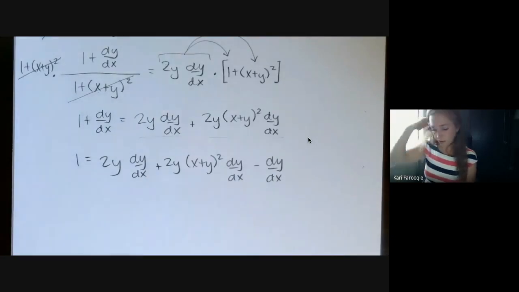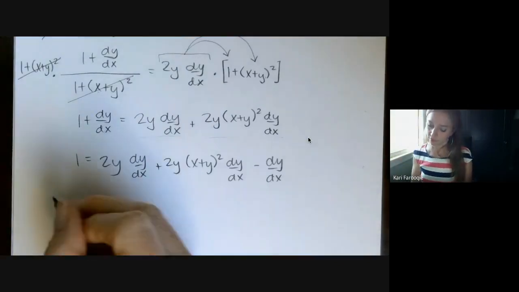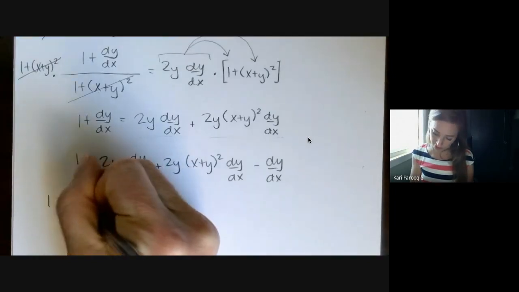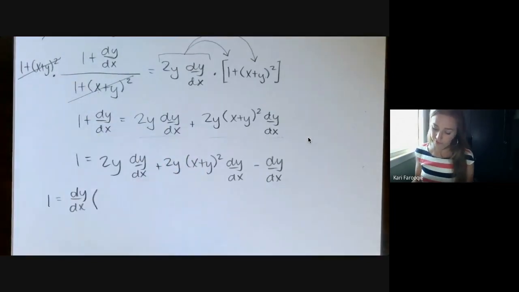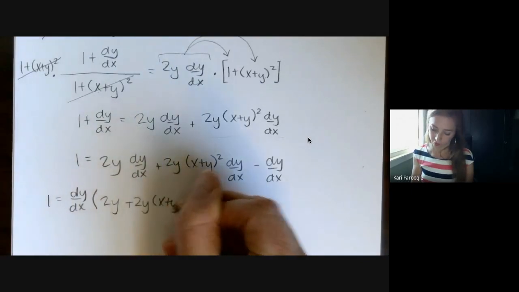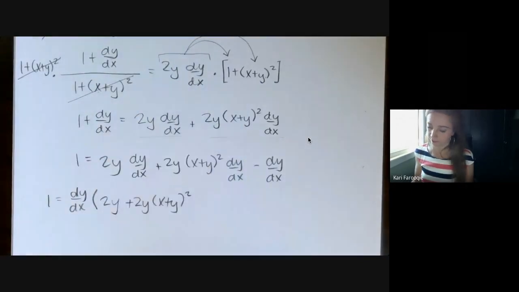Now you can go ahead and factor out the dy/dx and solve for it. I still have 1 on the left. On the right, I'm going to take that dy/dx and factor it out. And what I have left on the inside of my parentheses is 2y plus 2y times (x plus y) quantity squared.